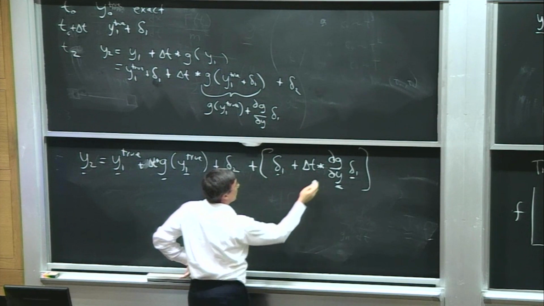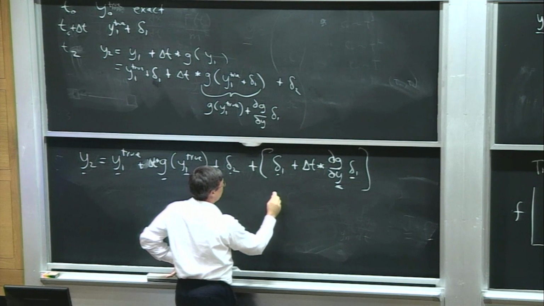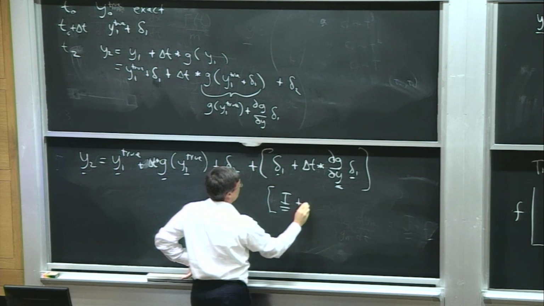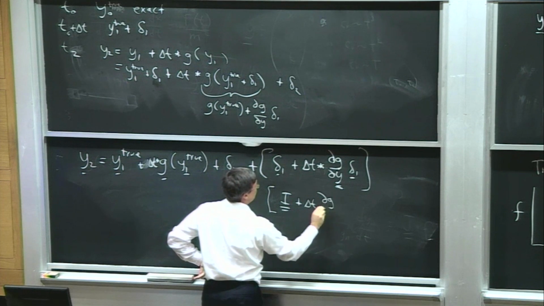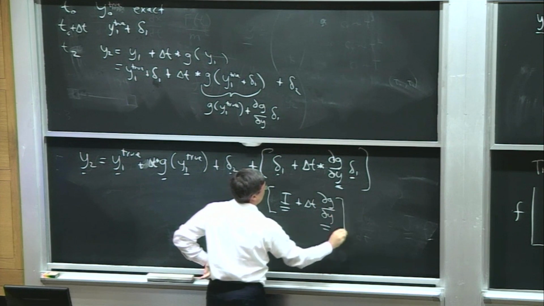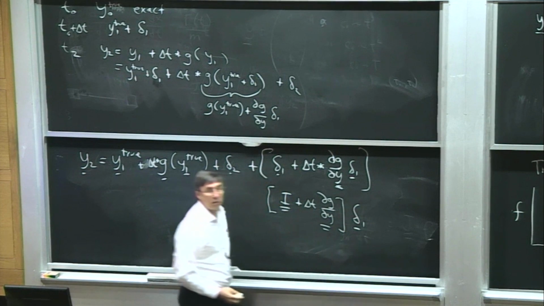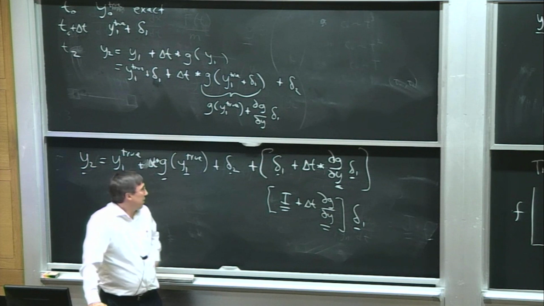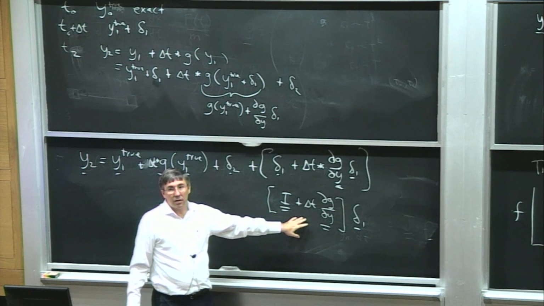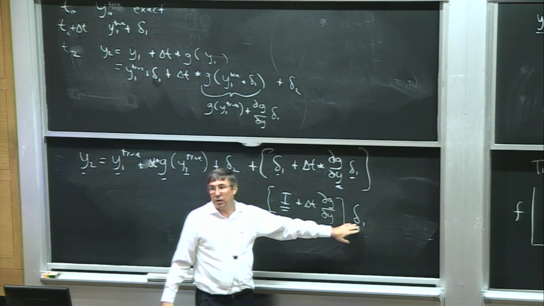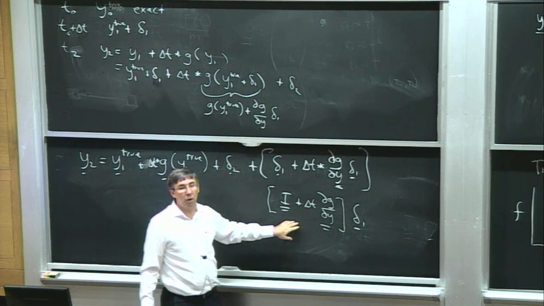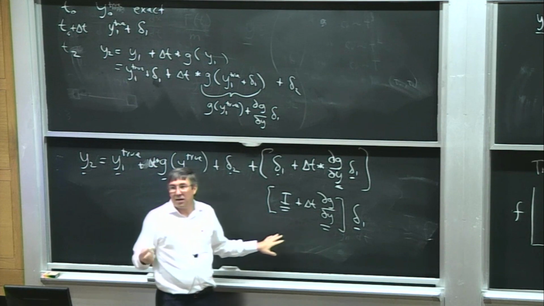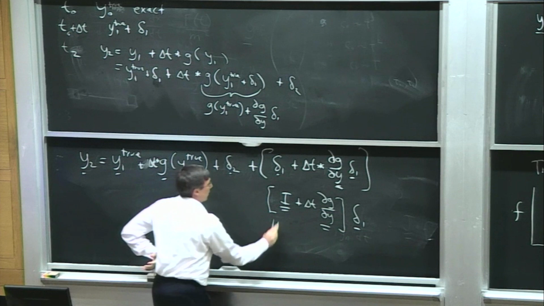I can write it this way: it's the identity matrix plus delta T times the Jacobian dG/dY, times the vector delta 1. And you can see that at every iteration, I'm going to get a similar factor like this, and it's going to again multiply delta 1. My errors from the previous step keep getting multiplied by this kind of factor. So it's going to be really important to us what the norm of this matrix is.